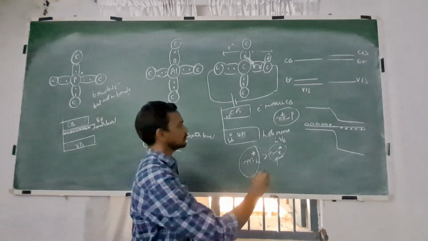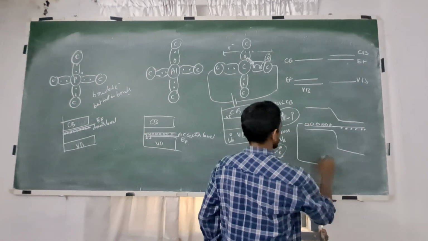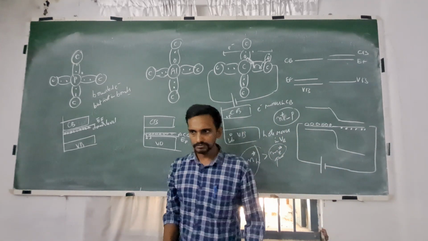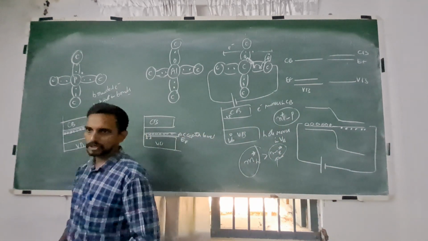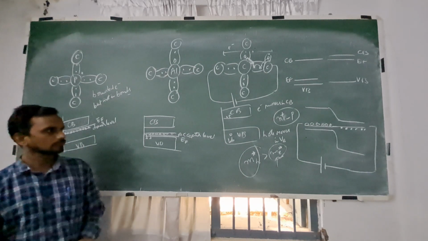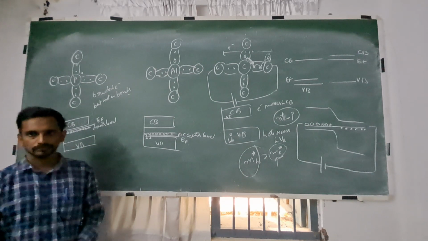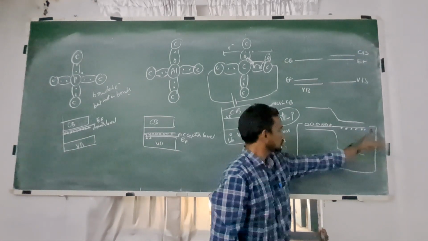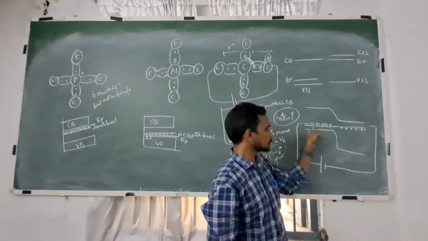Okay, so if I give a positive potential, I mean I'm trying to forward bias this diode, what happens? I'm pushing the electrons from this end and pushing the holes from this end.